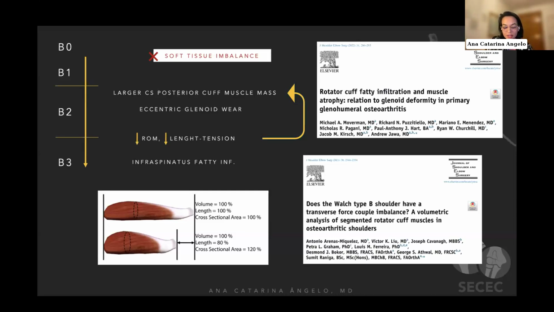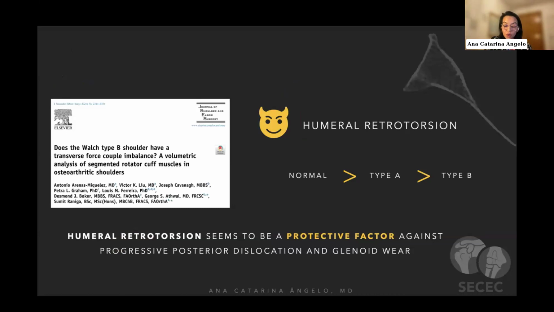So what causes this? What we do know that can relate to this posterior progressive glenoid wear is humeral retrotorsion. So what we know is that type B glenoids have less retrotorsion than type A glenoids. Type A glenoids have less retrotorsion than normal glenoids.